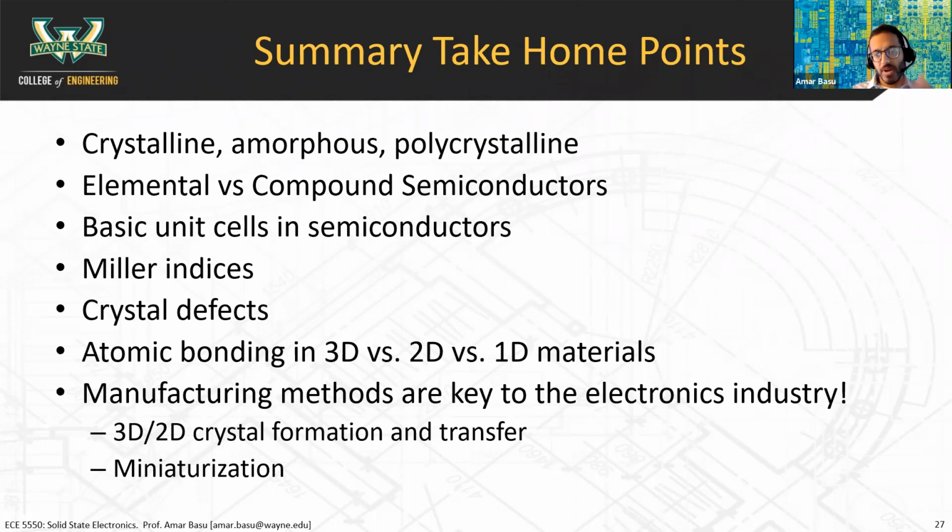And then overall, throughout this whole module, we've talked about different types of manufacturing methods. And I hope that you gain an appreciation for these manufacturing methods because they are key to the electronics industry that we have today. Very, very important. We can envision 3-dimensional crystals, 2-dimensional crystals all day long, but if we're not able to manufacture them, we're not able to take advantage of all of our knowledge.